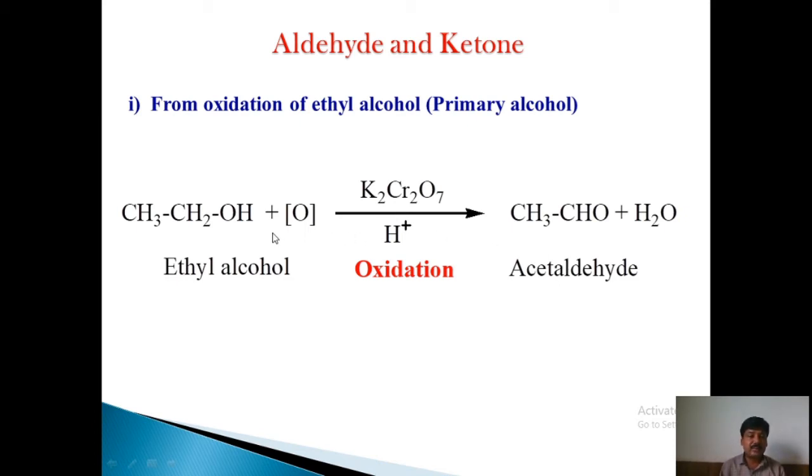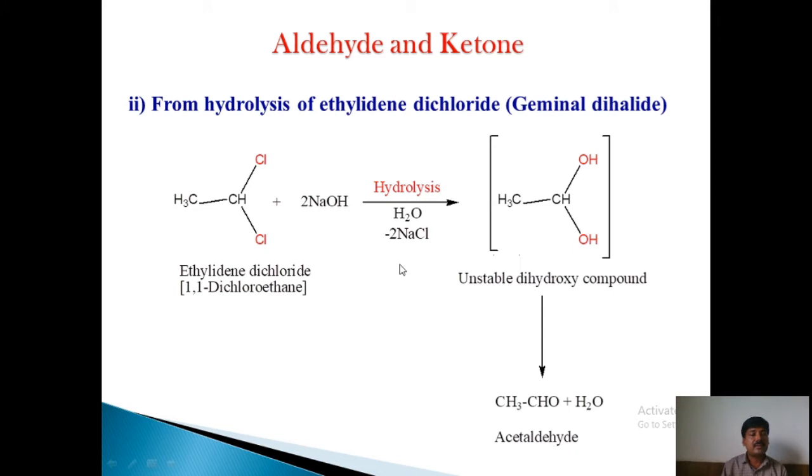See here what happened: in ethyl alcohol there are 6 hydrogens, and in our target compound, acetaldehyde, the product, only 4 hydrogens. Then what happened? That is removal of hydrogen. This is called oxidation.